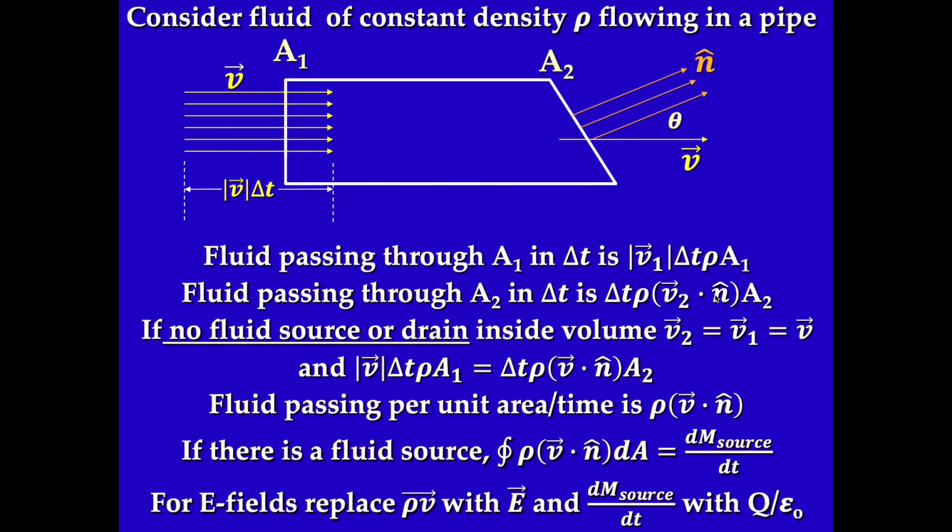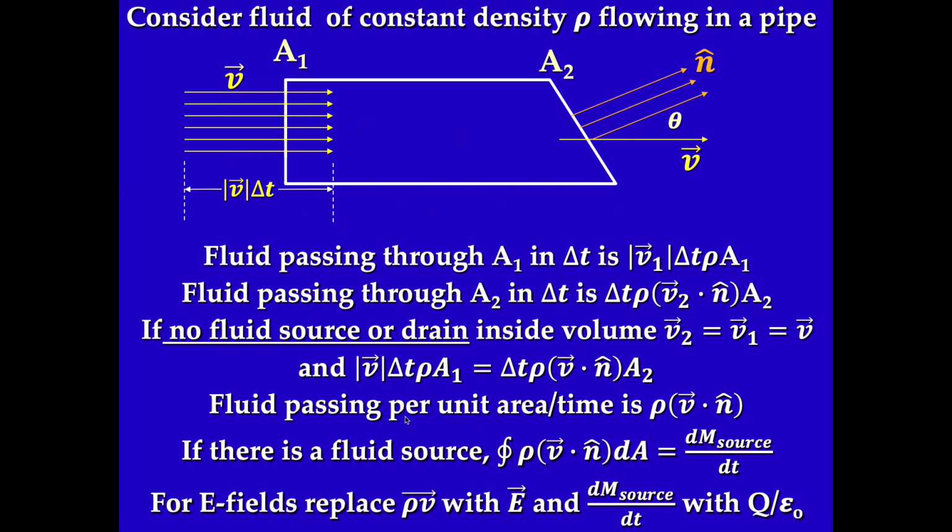This amount of water and the amount of water shown in the equation above are the same, and as long as the V's are the same, then the amount of water here and the amount of water here are the same.